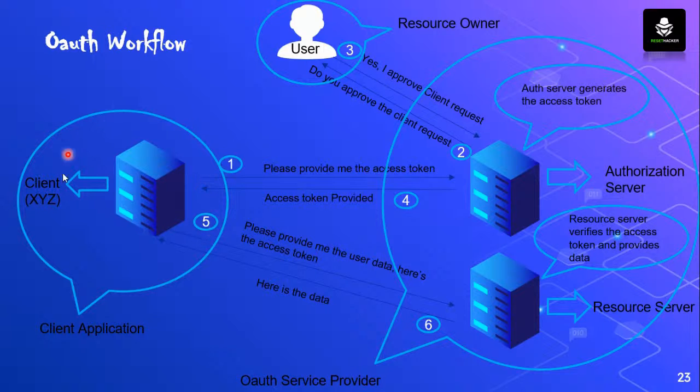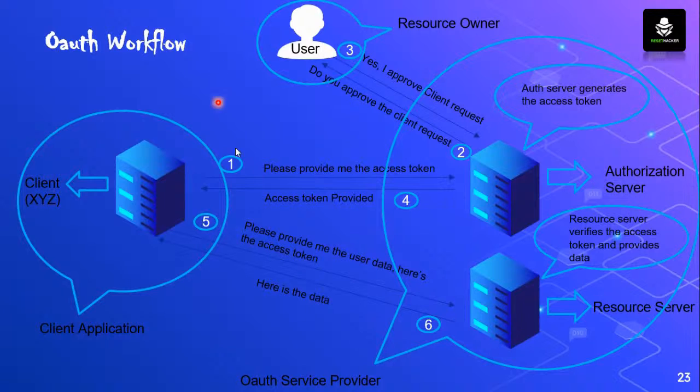So using this access token, the client application will request the resource server to provide the resource owner's data. Whenever the user wants to sign in, the client application will simply send the access token to the resource server, and it will be able to fetch the user's data.